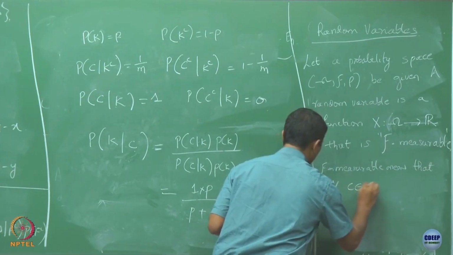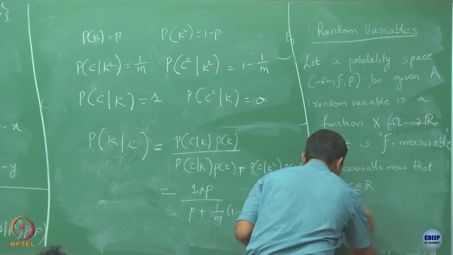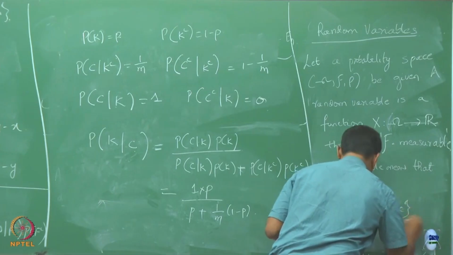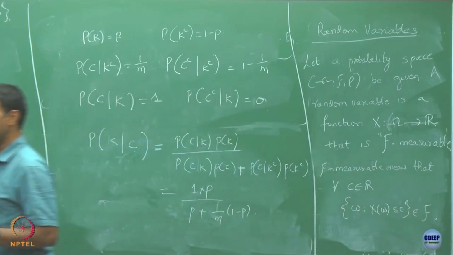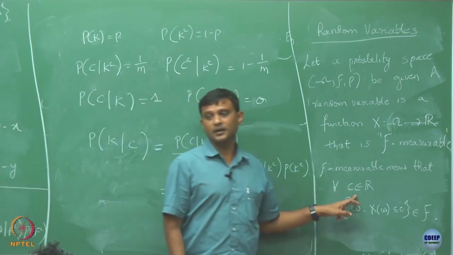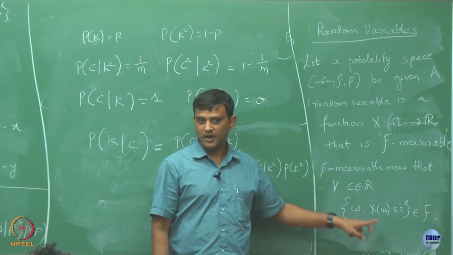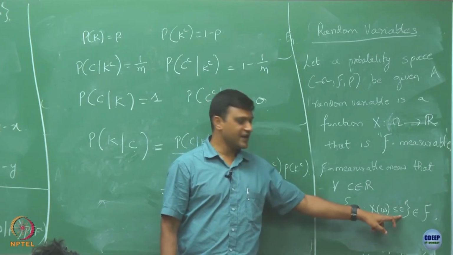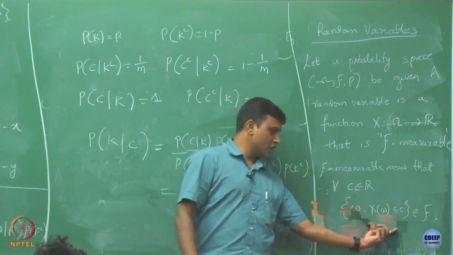F-measurable says that for all C in R, this is the definition of F-measurability. It means you take any C, and ask for the set of outcomes that take a value less than or equal to C. This is going to define a set.